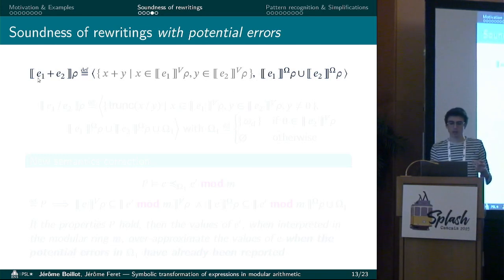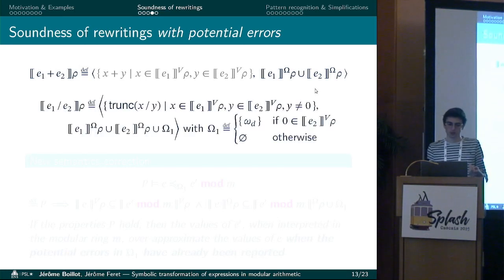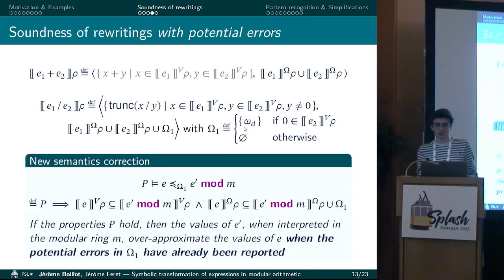So here, the potential errors of E1 plus E2 is just the potential errors of E1 and the potential errors of E2. Then we can see what it means for a harder expression, for example, the division. Then we have the possible values of the division, and the errors are the errors of E1, the errors of E2, and if the denominator can take the value 0, then a new error that represents a division by 0.